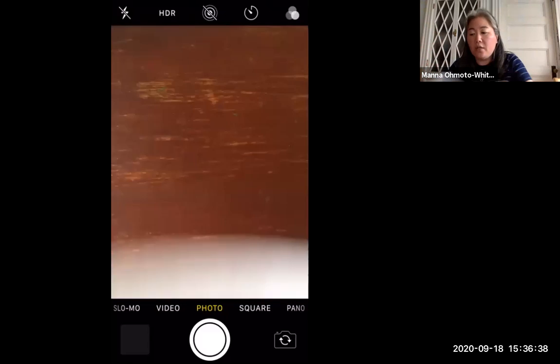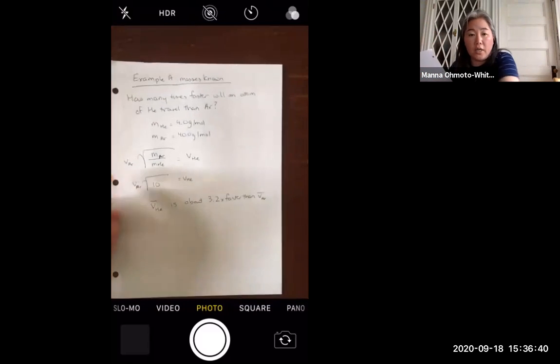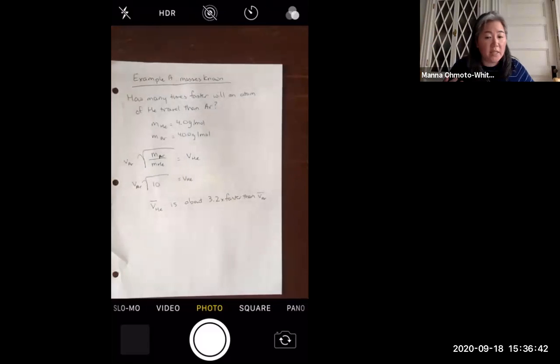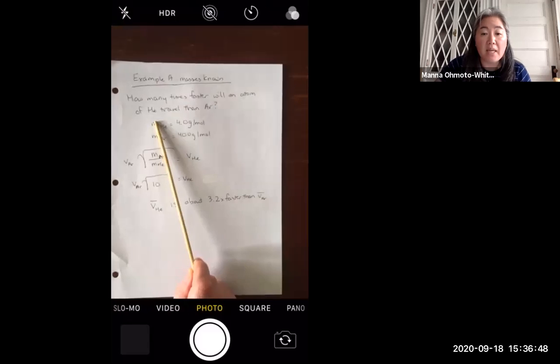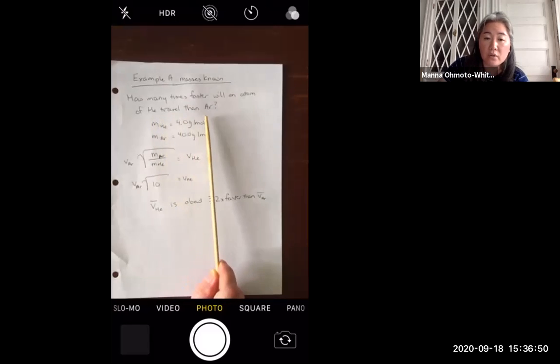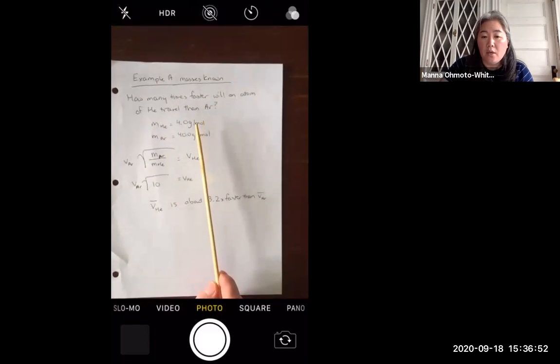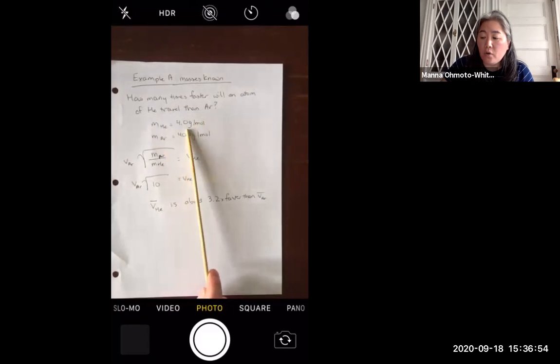Now we get into the part where honors is looking at it, and I'm trying to find some sort of relationship mathematically. I could ask, how many times faster will an atom of helium, the average atom of helium, travel than argon? The mass of helium is 4 grams. The molar mass of argon is about 40 grams per mole.